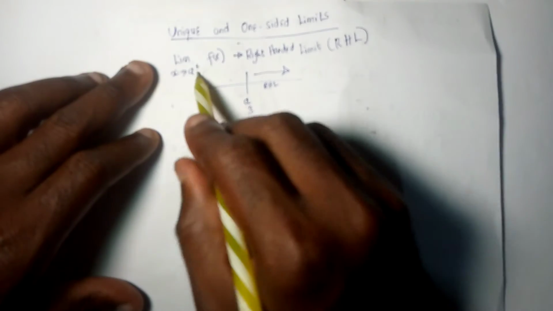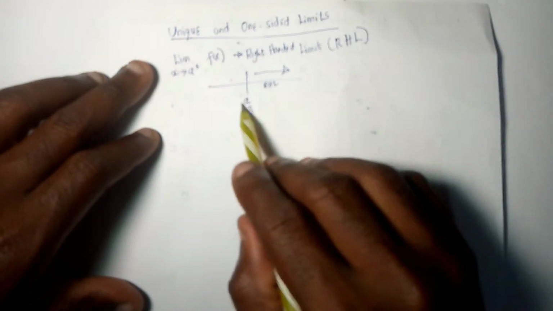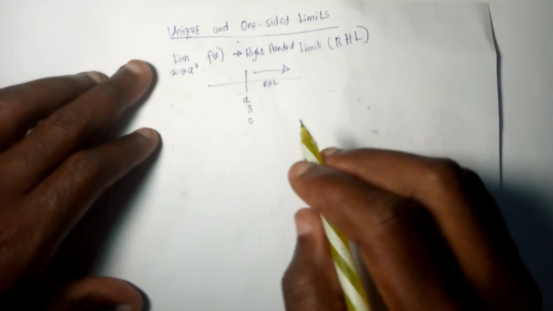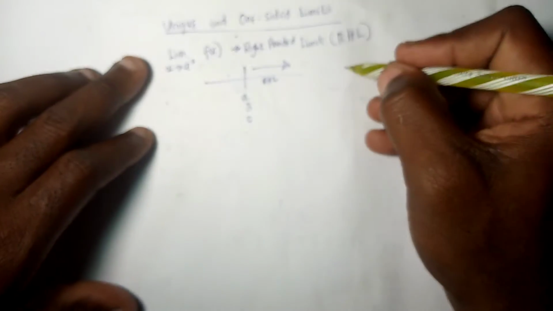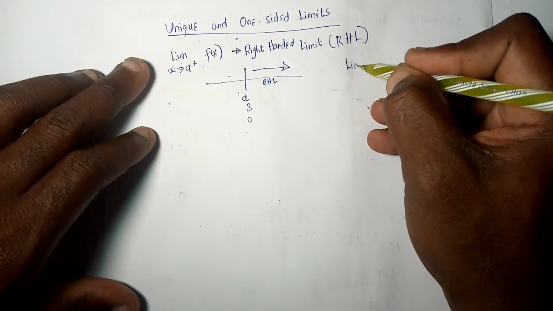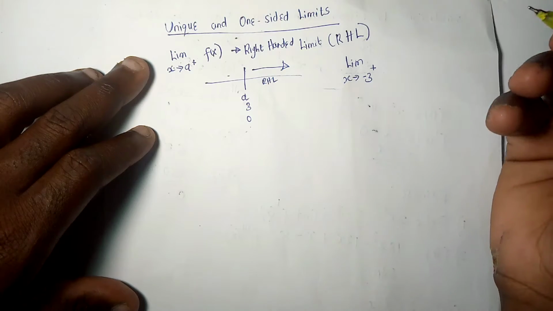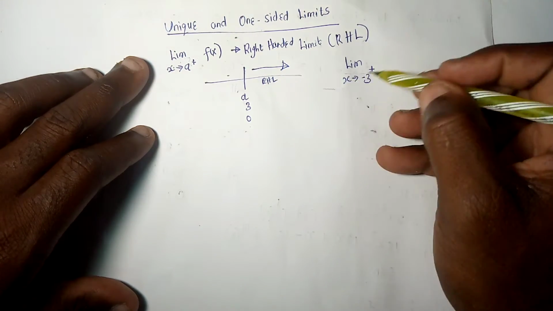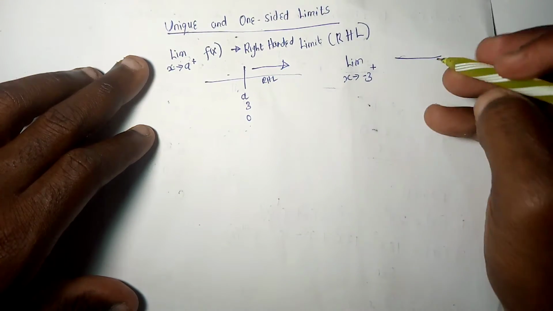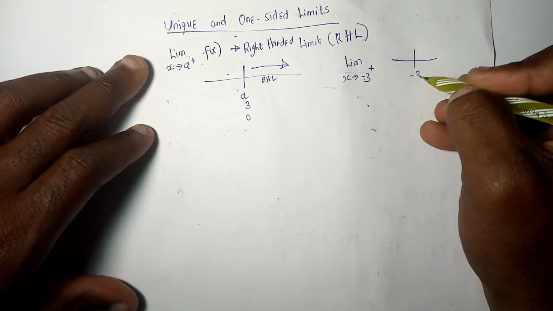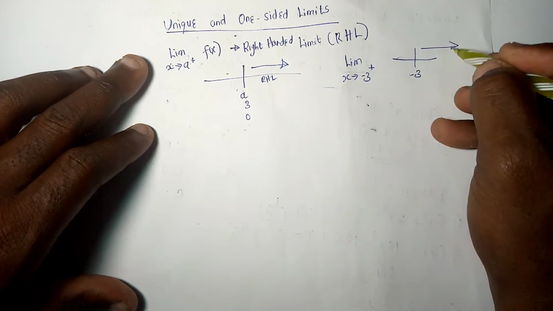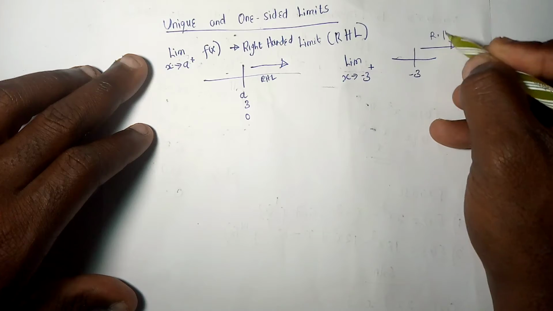You can also have something like limit as x approaches minus 3 from the positive direction, which shows that negative 3 is the reference, but we are considering values from the right-hand side.